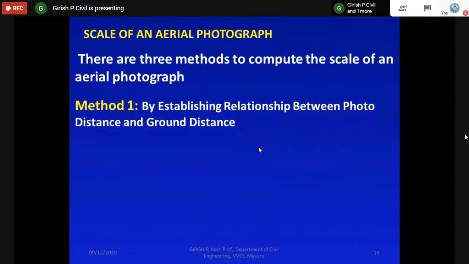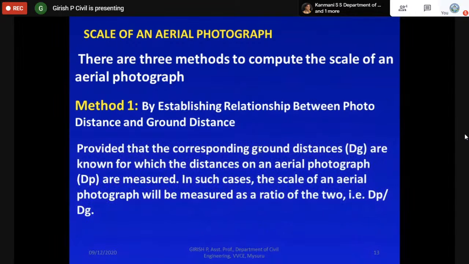The first method is establishing a relationship between photo distance and ground distance. In that relationship, provided the corresponding ground distance, that is DG, is known, for which the distance on an aerial photograph, that is DP, is measured.